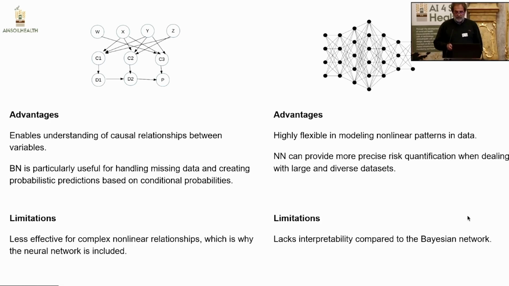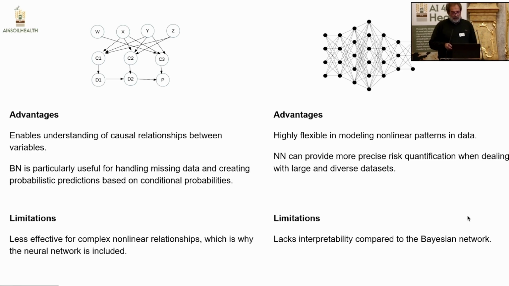They allow us to make probabilistic predictions based on conditional dependencies, which is particularly useful in understanding complex systems. To be open, the limitation is that they struggle with capturing highly nonlinear relationships, which is why neural networks are often introduced as complementary tools.